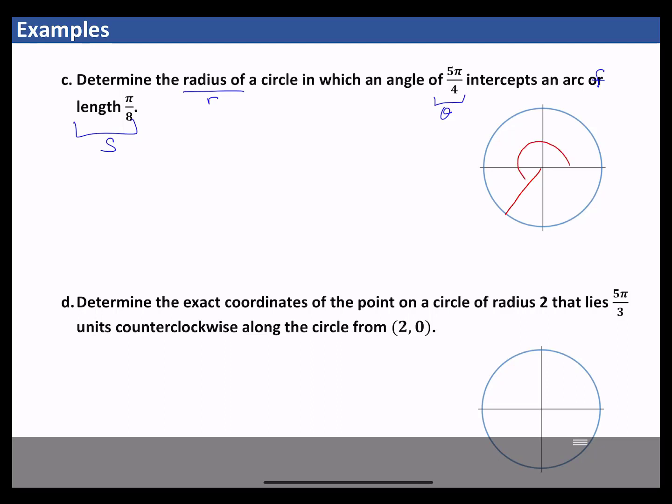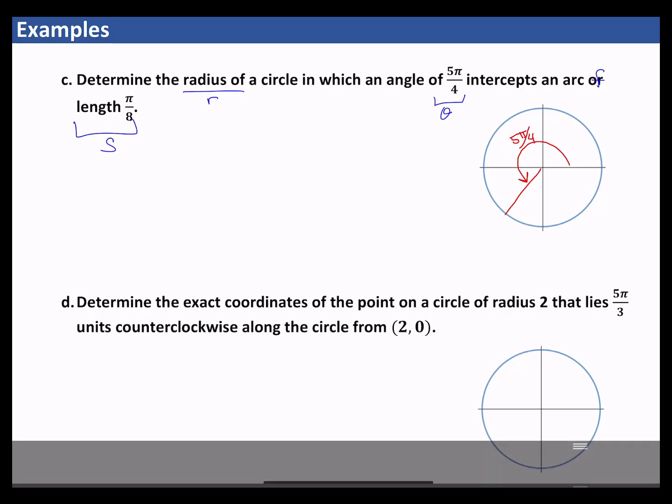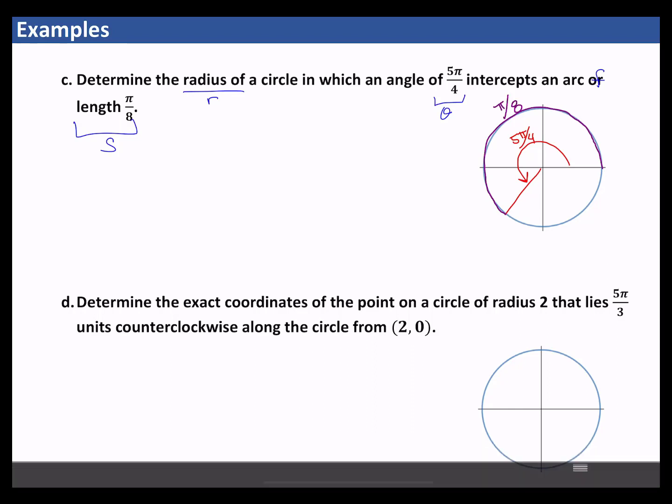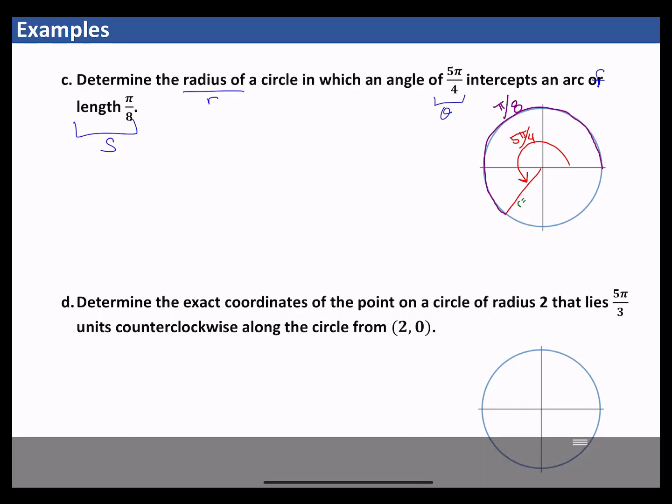So here's our central angle, 5 pi over 4. We know the arc length, so the length along the circle until we get to that central angle, is pi over 8, which is a lot smaller than the central angle, 5 pi over 4. So one thing that does tell us is that the radius is going to be quite small.